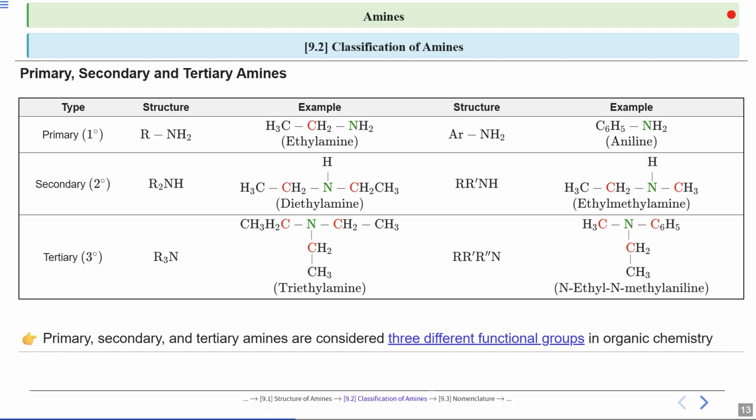Now, it is important to realize that primary, secondary, and tertiary amines are actually considered three different functional groups in organic chemistry. That means each of them has unique properties and they react differently in chemical reactions.